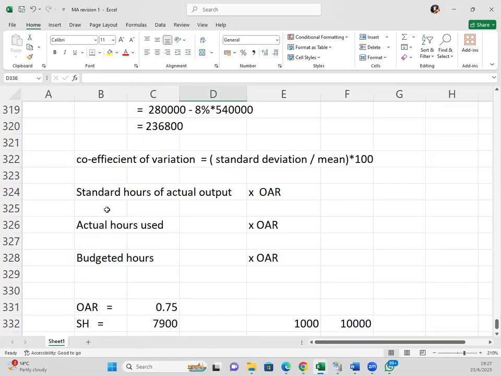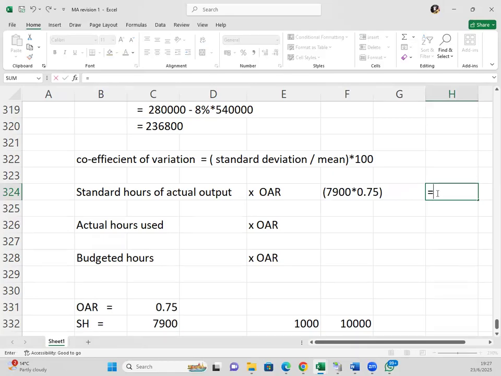So we have said the standard hours times OAR, so standard hours is 7,900 times OAR, which is 0.75. What do we get? 7.9 times 0.75.